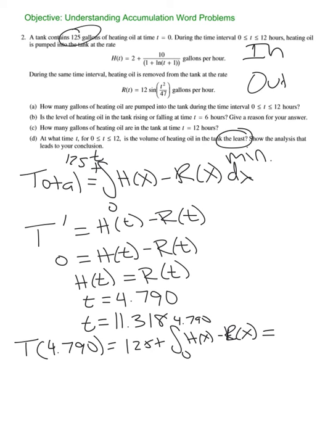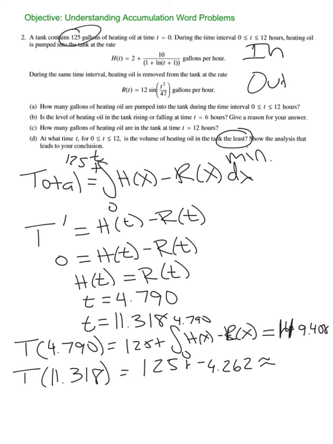And what do I get for my answer? So I end up getting 149.408. And then I do the same thing, but with the 11.318. And that gives me 125 plus negative 4.262.